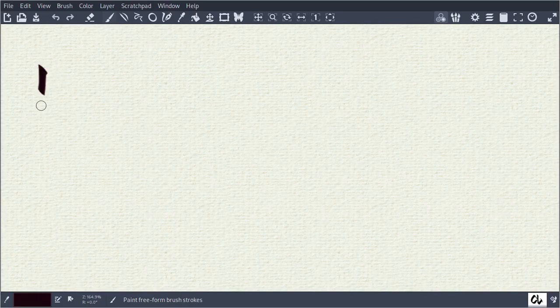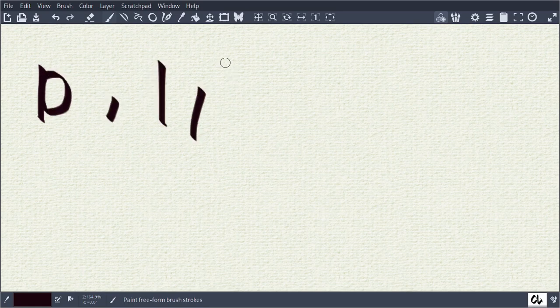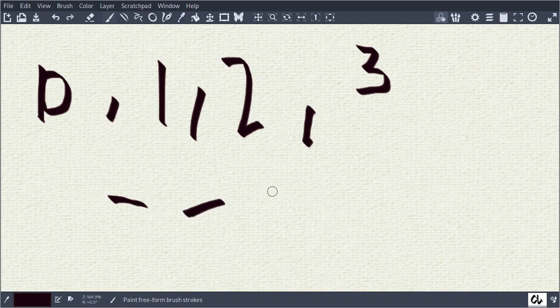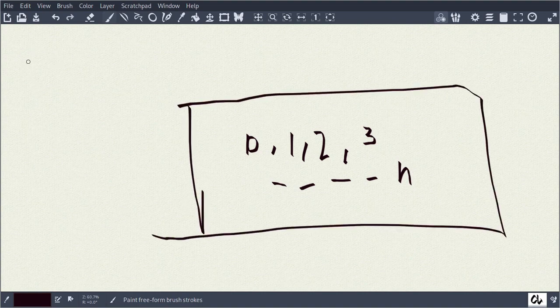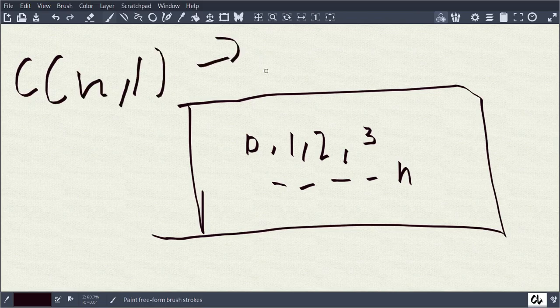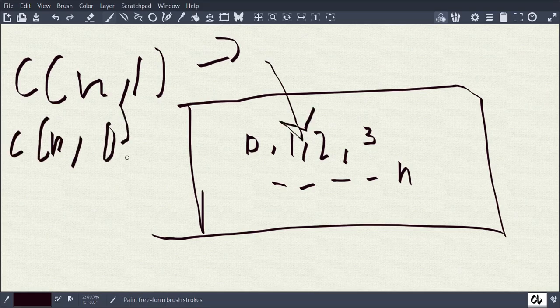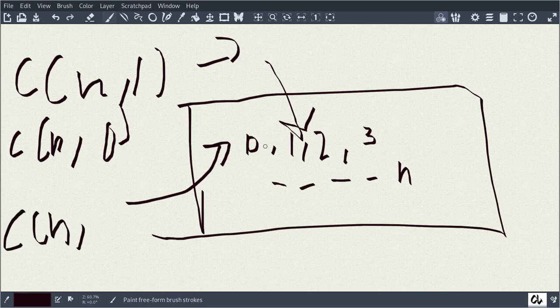So then we could select 0 B's, or 1 B, or 2 B's, or 3 B's, and it goes up to n B's. There would be combination of n comma 1 ways to select 1 B, combination of n comma 0 ways to select 0 B, and combination of n comma 3 ways to select 3 B's.